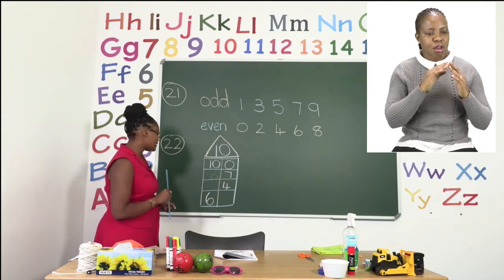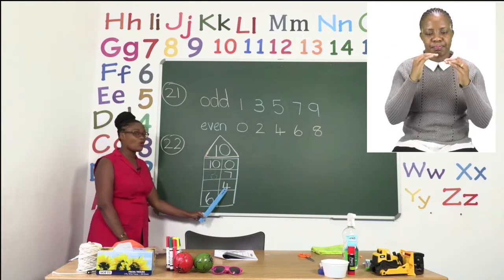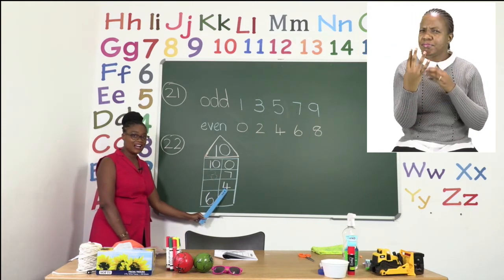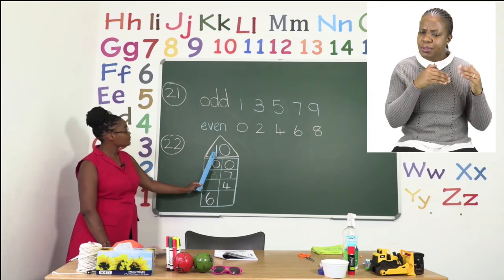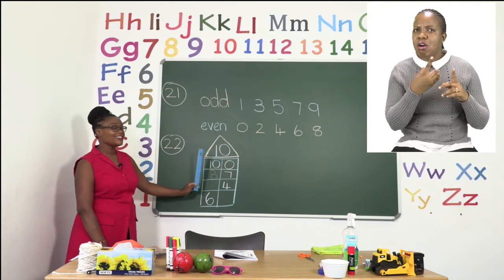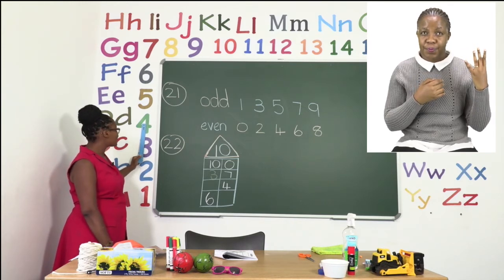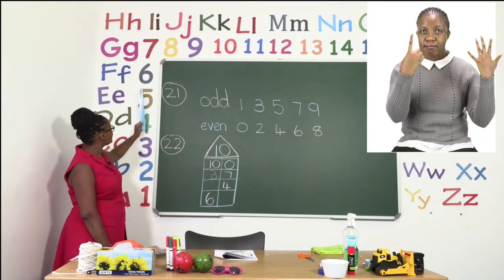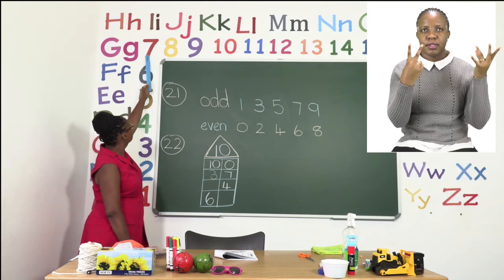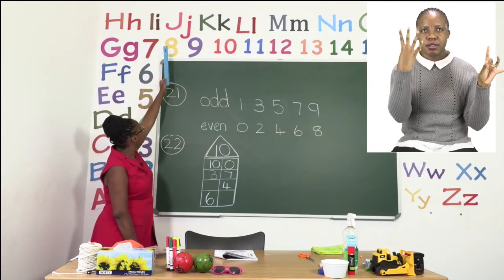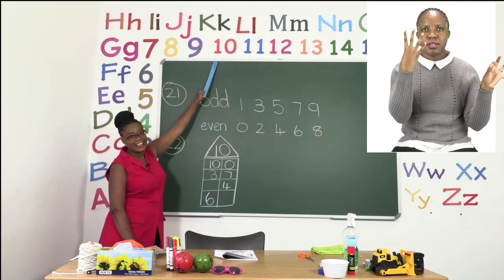The next one says 4. So we are going to start counting after 4 so that we can get to 10. So we have our 4 here and we're going to count. Let's go. 5, 6, 7, 8, 9, 10.